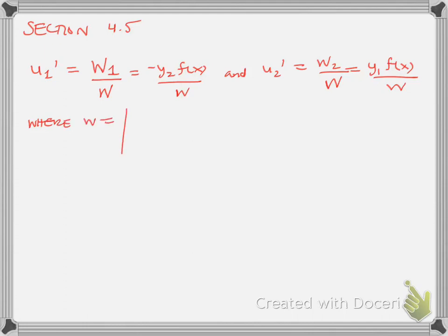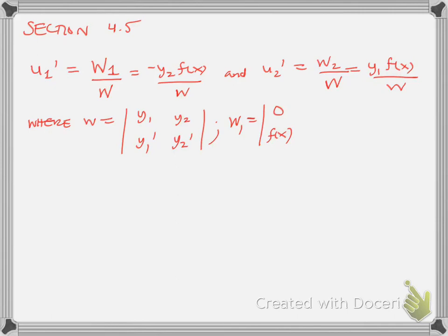Okay, where W is the determinant of y sub 1 prime, y sub 2 prime. W sub 1, I should say, is the determinant of, so in Cramer's rule, you take the first column, and in this case, we're going to replace it with 0 and f of x, all right? From the first video, those were really the two solutions.